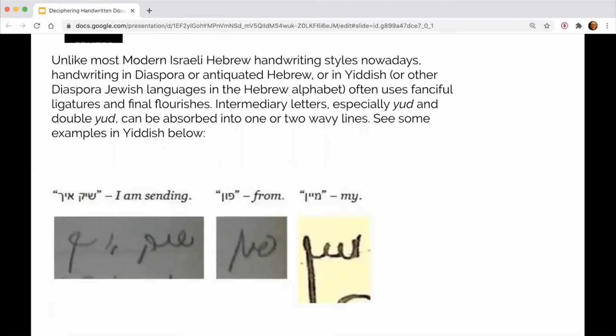So especially in Yiddish letters and postcards, the style in earlier centuries was to swoosh the handwriting around and not pick up the pen very much. In these two examples, these are good ways to practice deciphering.